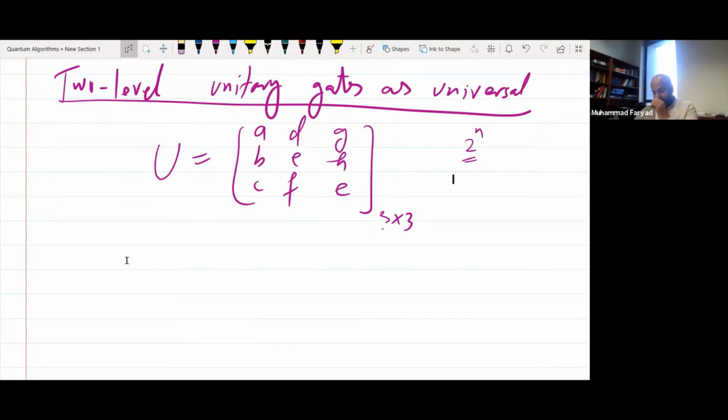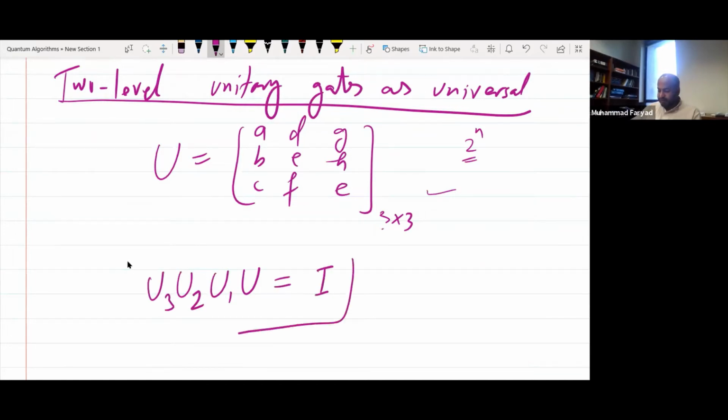Anyway, so let's work with this one, and our goal is to show that we can find three matrices: U1, U2, U3, where U1, U2, U3 are two-level unitaries, such that this product gives us identity.